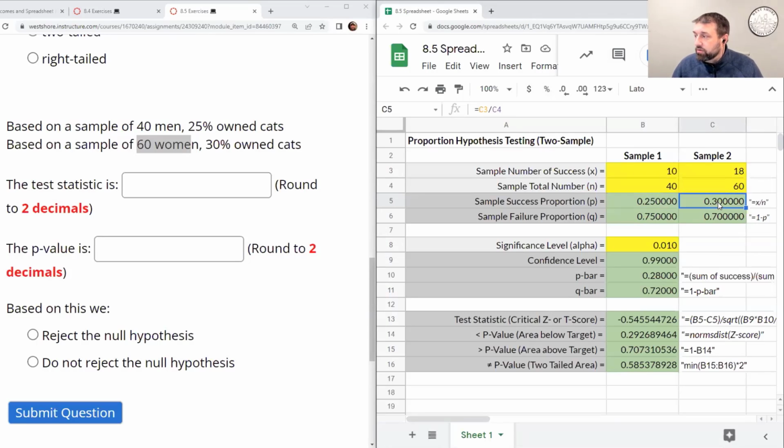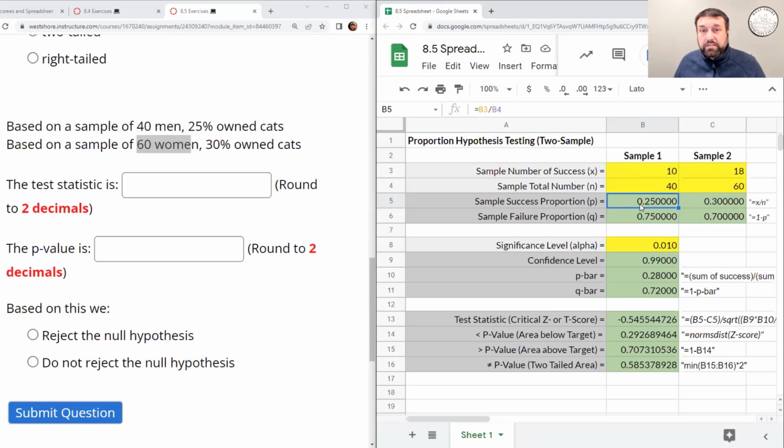Here is our 0.25. Here's our 0.30. It appears that the proportion of men is less than the proportion of women. I've got 25% of the men and 30% of the women, so initially it looks like, yeah, it's a lower number. But could our samples be biased?